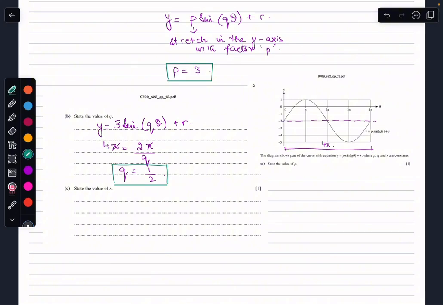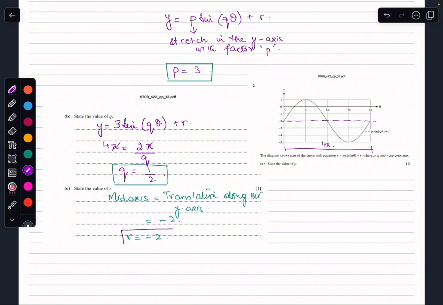So r has to be the translation along the y-axis, and in this case I can see it should be the mid-axis which is representing r, or we can say it's the translation along the y-axis, and I can see that this translation is negative 2. Therefore, the r value then is going to be negative 2 here.